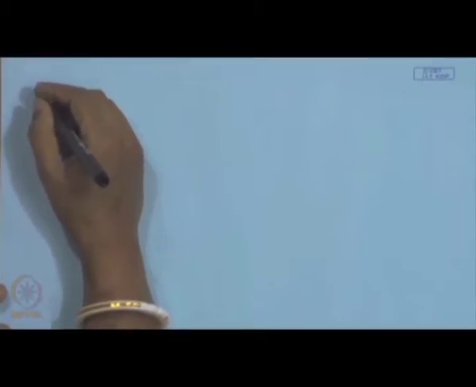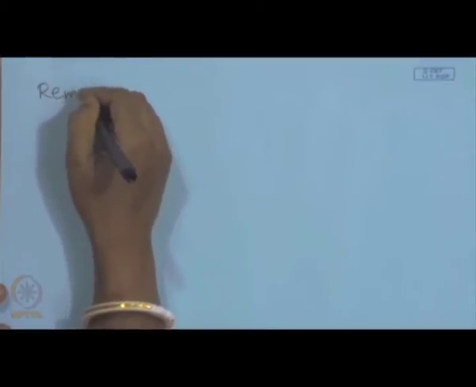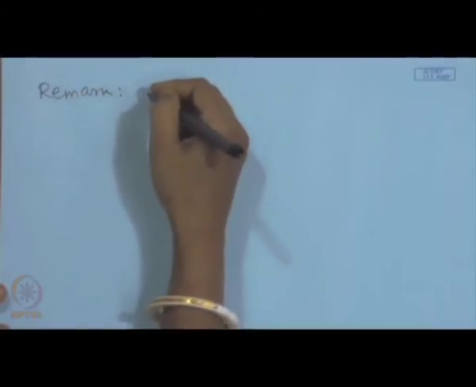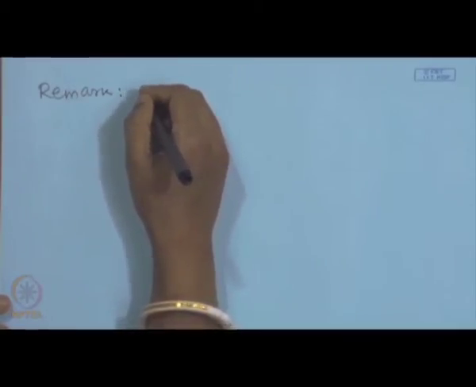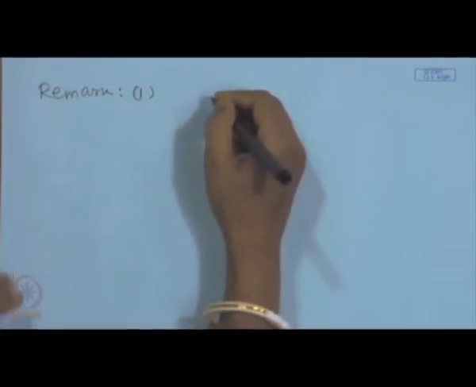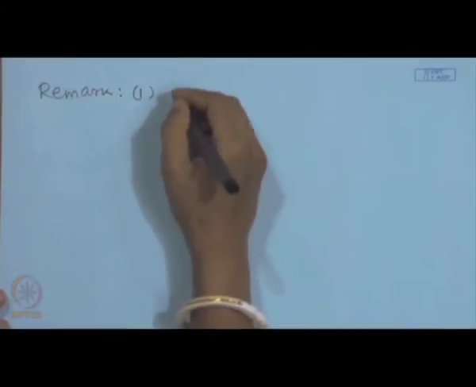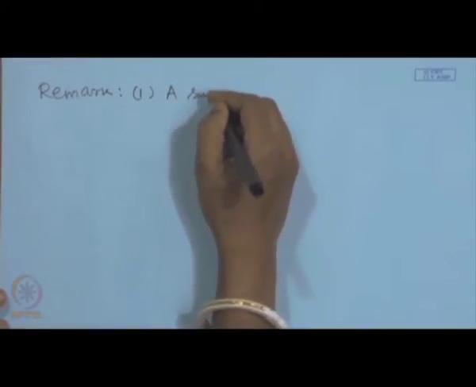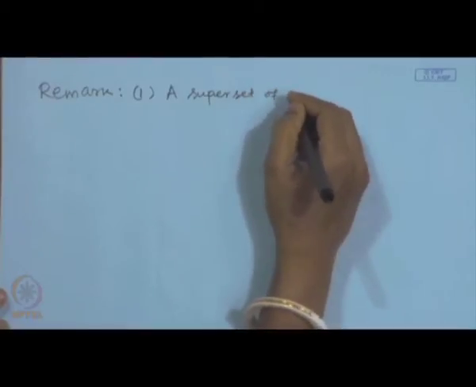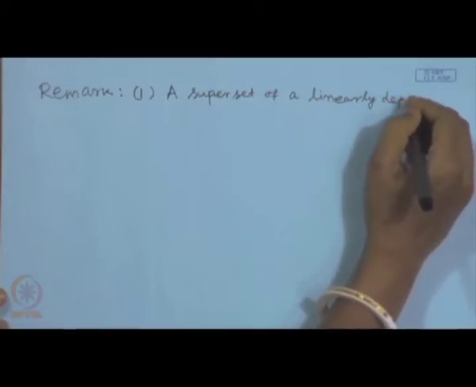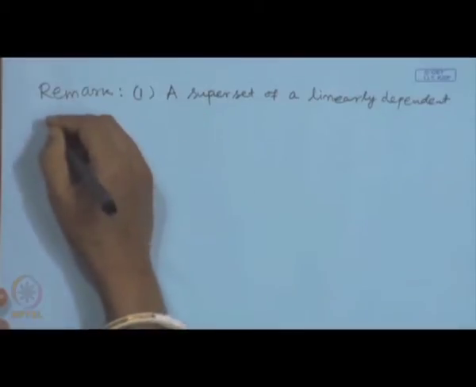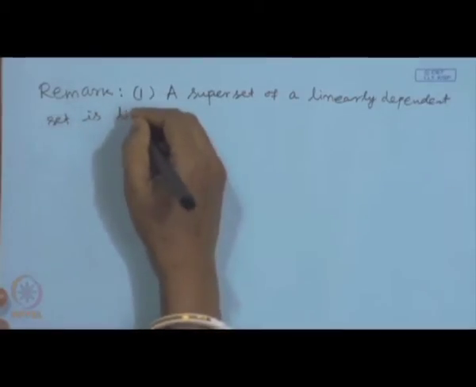They are trivial, so we can write them as remarks, trivially obtained using the definition. First one: a superset of a linearly dependent set is linearly dependent.